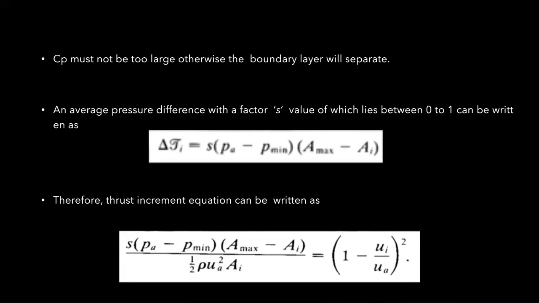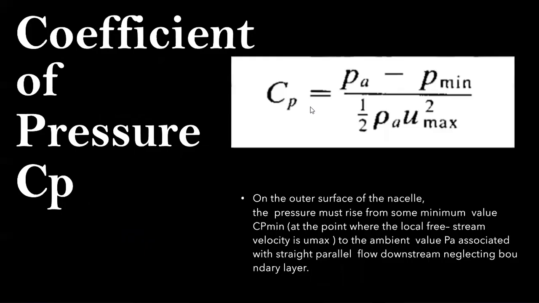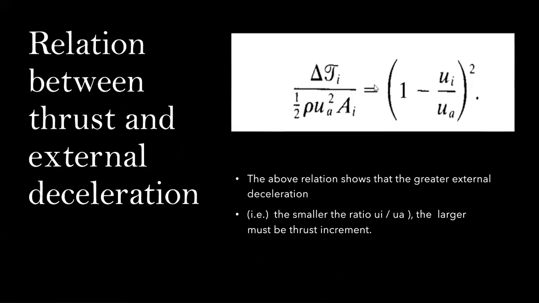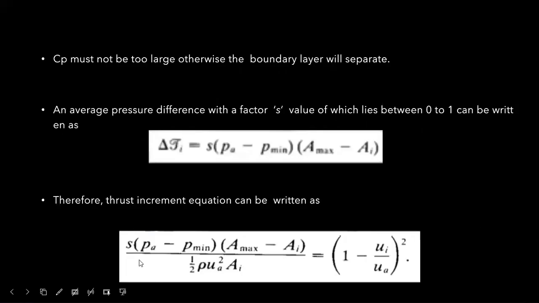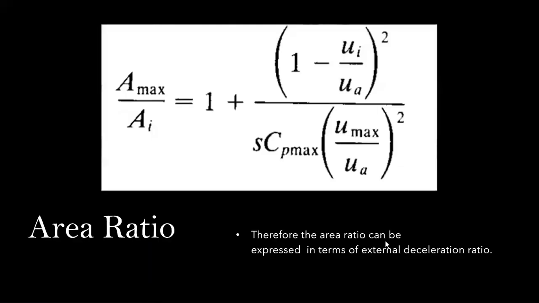From the previous equation I have shown you, and from this equation, we can write that S times (Pa minus P minimum) times (A max minus Ai) divided by half rho ua squared Ai is equal to 1 minus ui by ua, whole squared. And this is the final relation between the deceleration ratio and the area ratio.